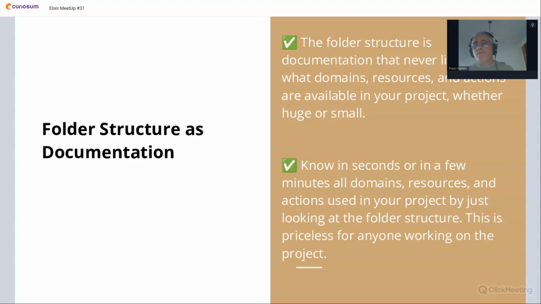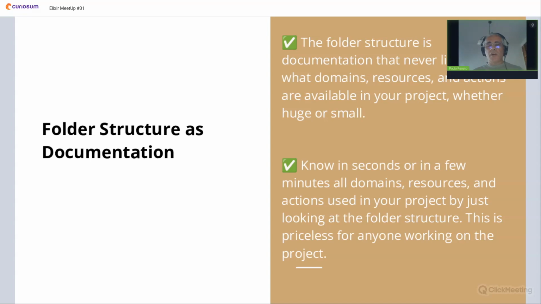Folder structure is very important because, with the Elixir Scribe tool, it acts as live documentation of your project, and it never gets out of date. When you write documentation, be it in a README or Notion, we need to update it in both places, or even in the code. You change the code, and if you don't change the documentation, it gets outdated.